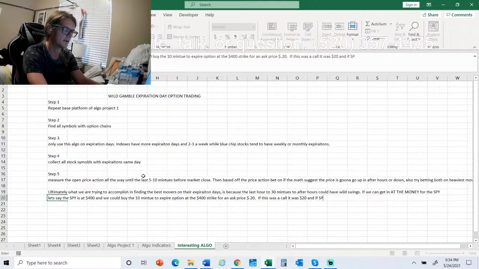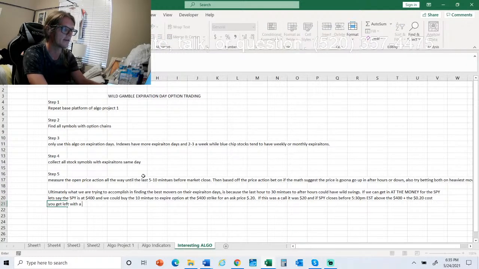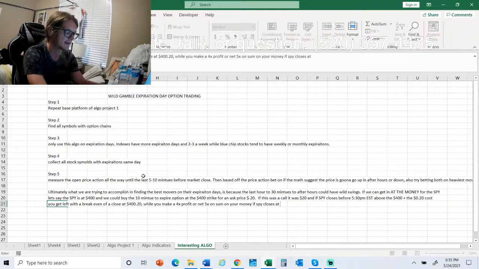And if SPY closes before 5:30 p.m. Eastern above the 400 plus the 20-cent cost, you get left with a break even of a close at 420, while you make a 4x profit or a net 5x sum on your money if SPY closes at 401.